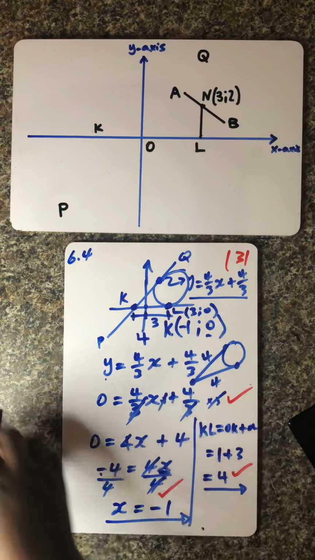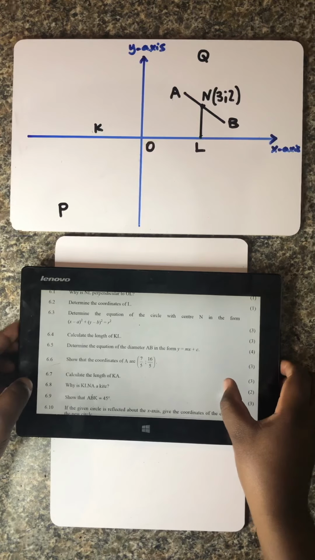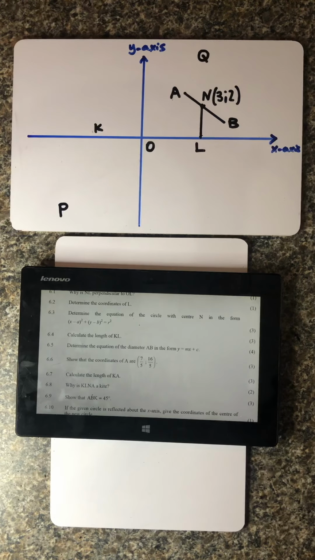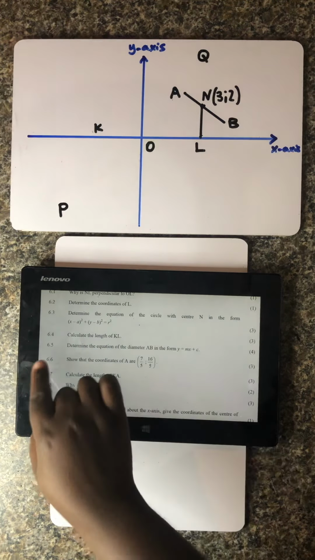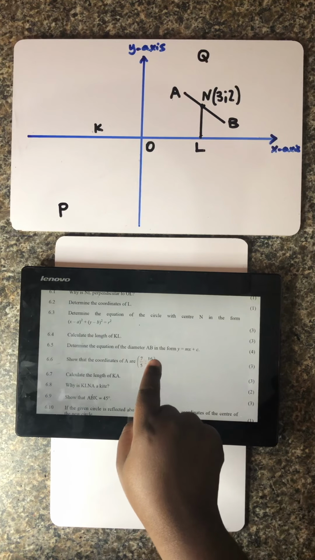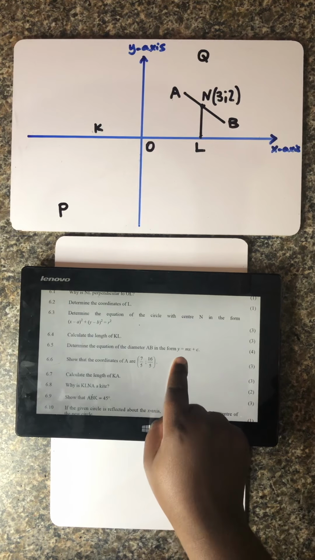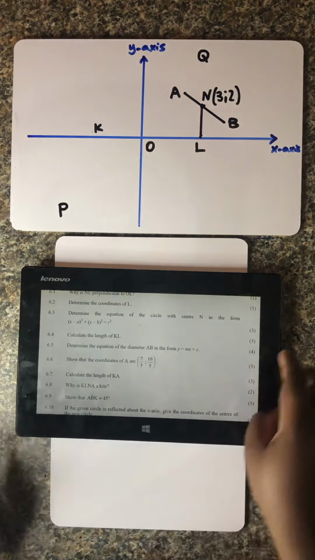So now, let's move to, I think it's 6.5, which says determine the equation of the diameter AB in the form y equals mx plus c.